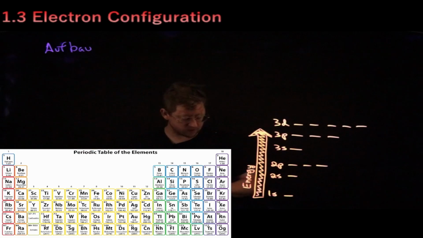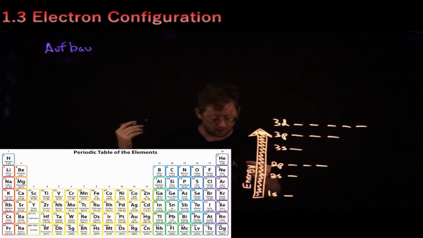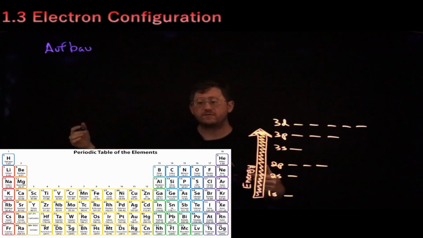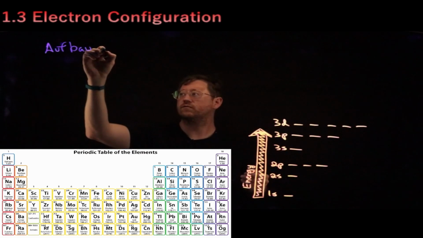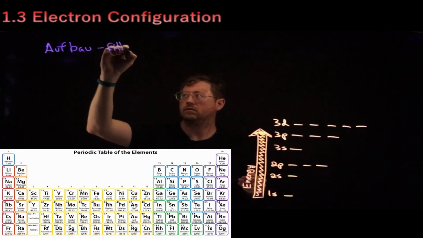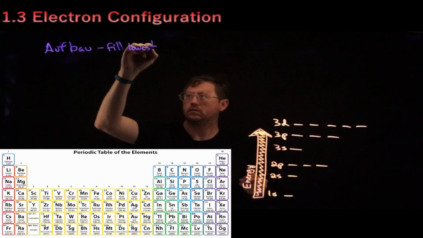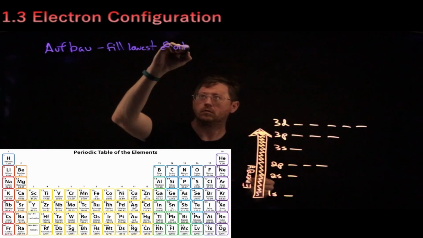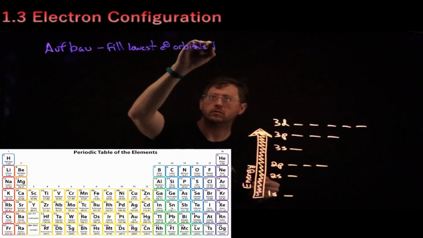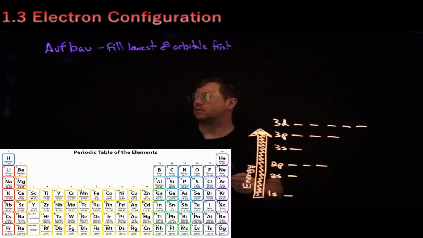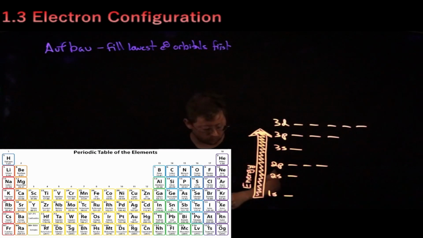The Aufbau principle states we're going to fill the lowest electron orbitals first.